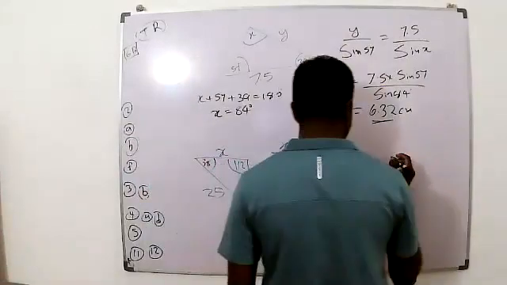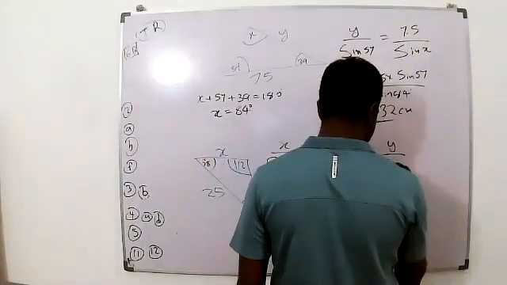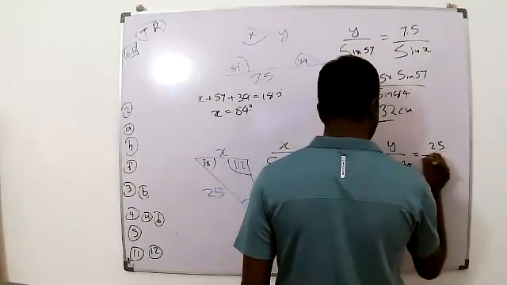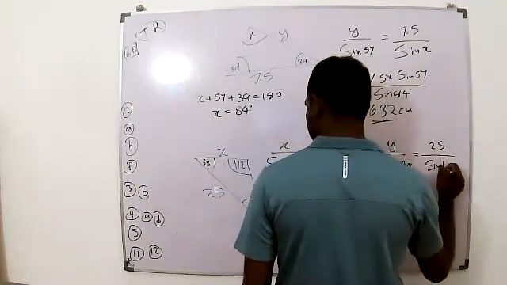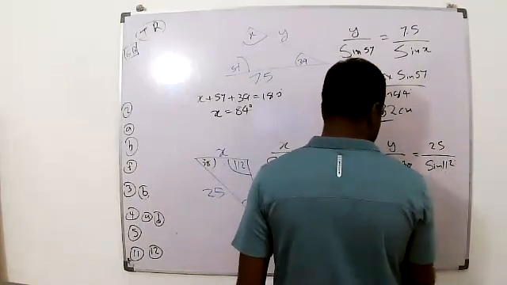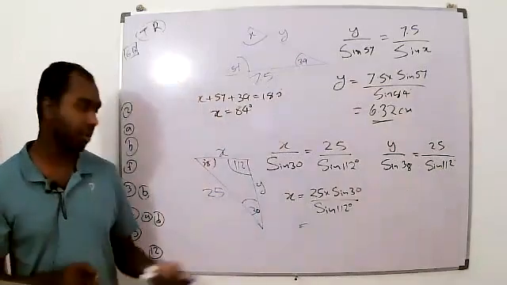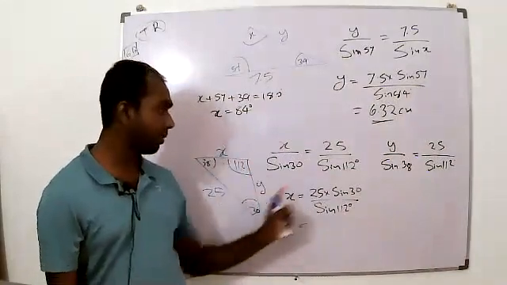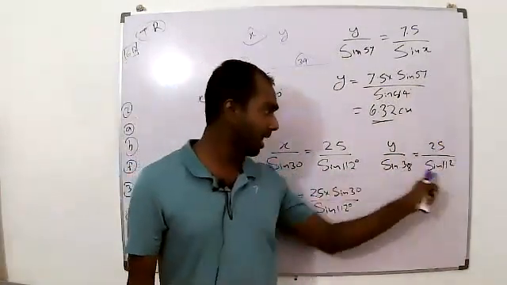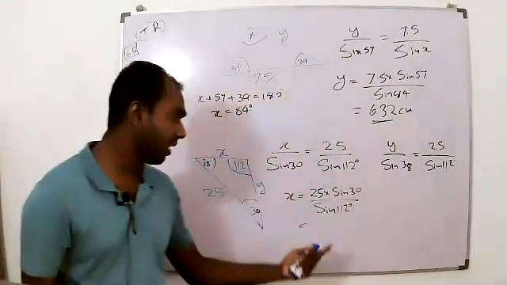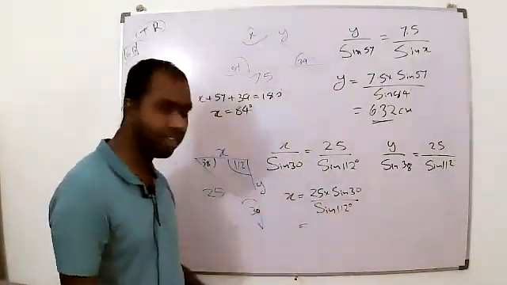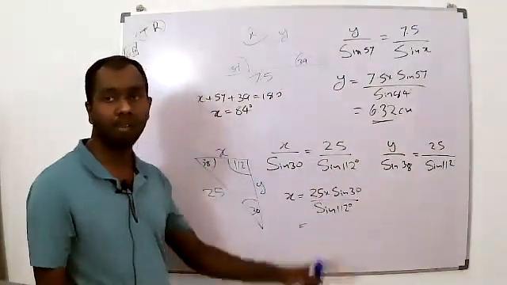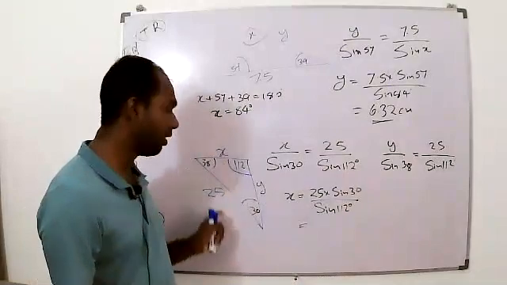For y also I can write y divided by sine 38 equals 25 over sine 112. After finding x, you could have applied x divided by sine 30 for this part too. But I am not going to do that, because it's a value that I found using the given data. So if this goes wrong, then y is also going to be wrong. I avoid that situation by taking the already given data.